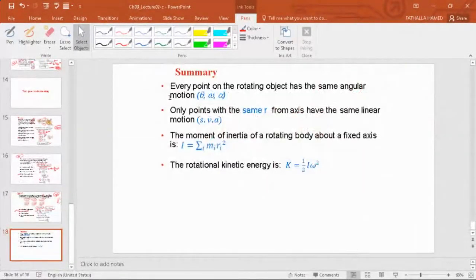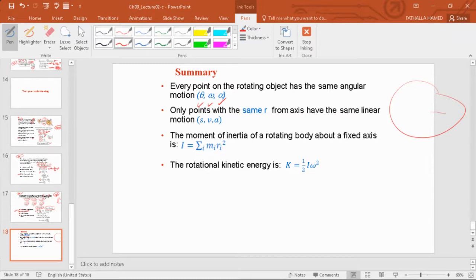In summary here, every point on a rotating object has the same theta, omega, and alpha. So you have an object that is rotating, and every point on that object, about the axis that it's rotating, will have the same theta, omega, alpha.